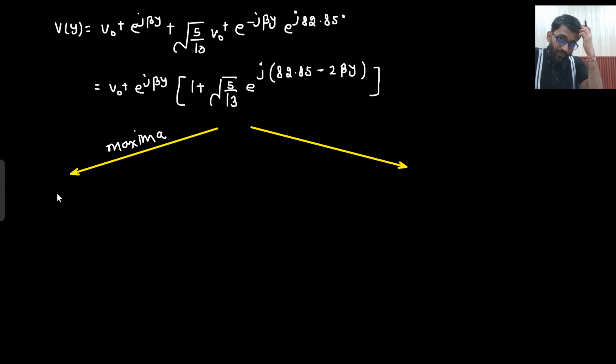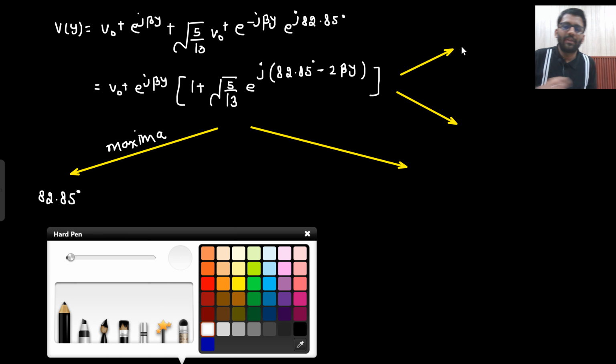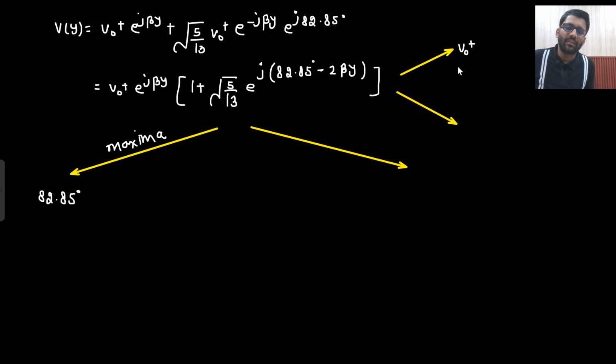82.85 is in degree, so let's keep it in degree only. If I ask you the maximum and minimum value, can you write it down? Yes, certainly. The maximum value will be V naught plus times 1 plus under root 5 by 13, and the minimum value will be V naught plus times 1 minus under root 5 by 13.